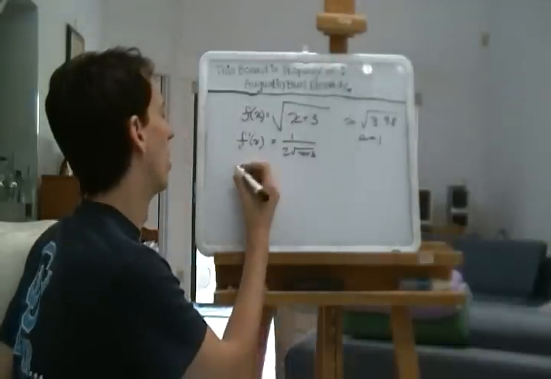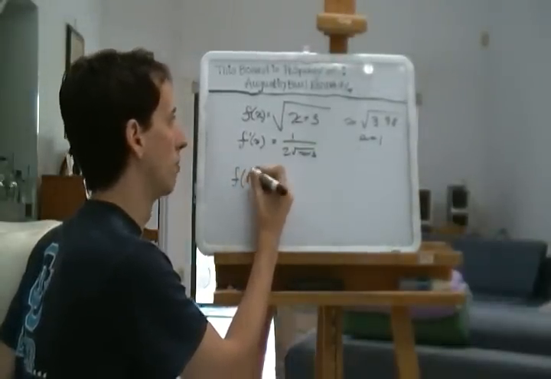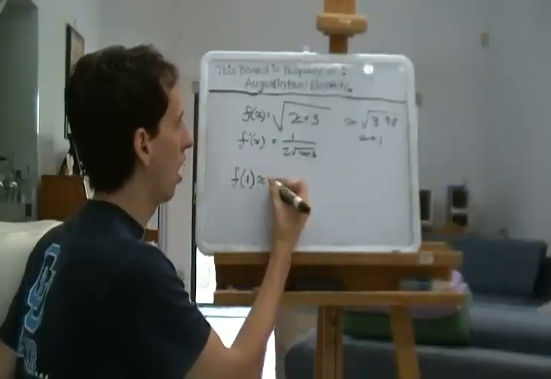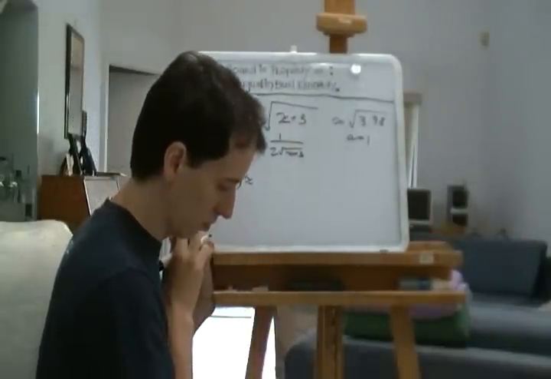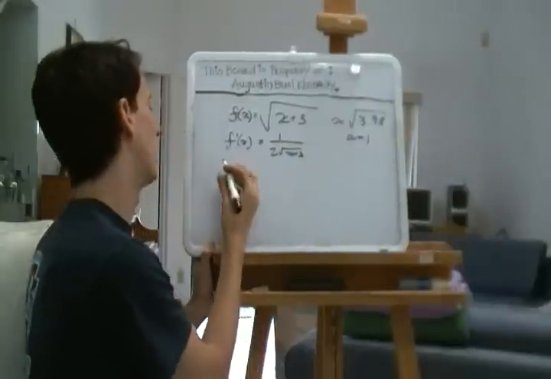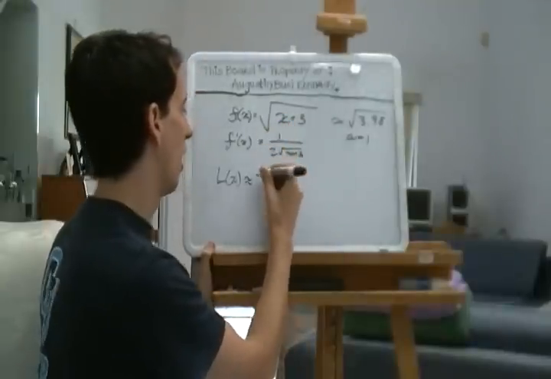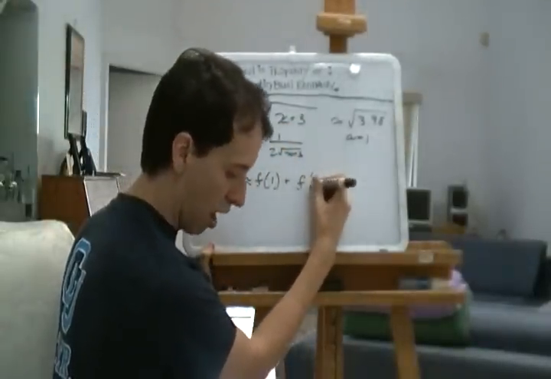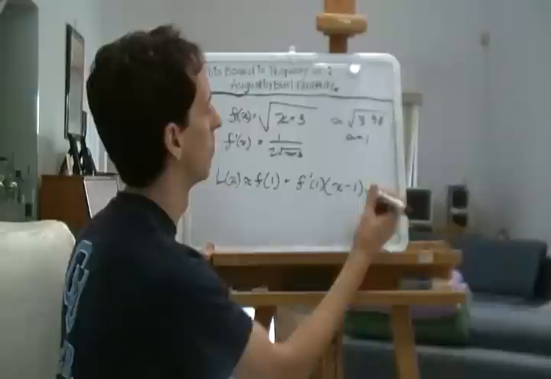Let's figure this out. Well, the linearization, f of x, or f of 1, is going to be approximately equal to the linearization of x, which we write like this, L of x, is basically f of 1 plus f prime 1 times x minus a, x minus 1.